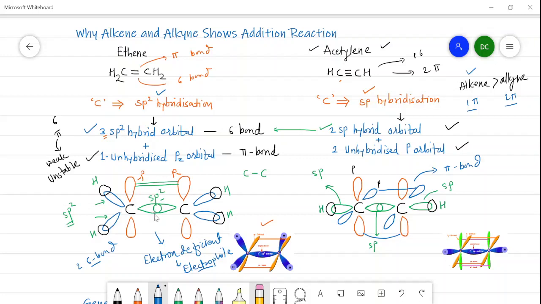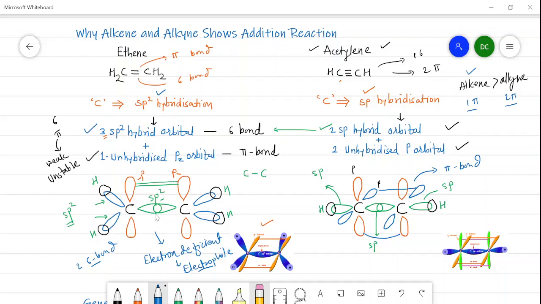That's why they are easily available for the bonding purpose. This is the difference between alkene and alkyne. But we should keep in mind alkene and alkyne always show an addition reaction due to the presence of pi electrons in their structure, which is the reactive site for addition reaction.